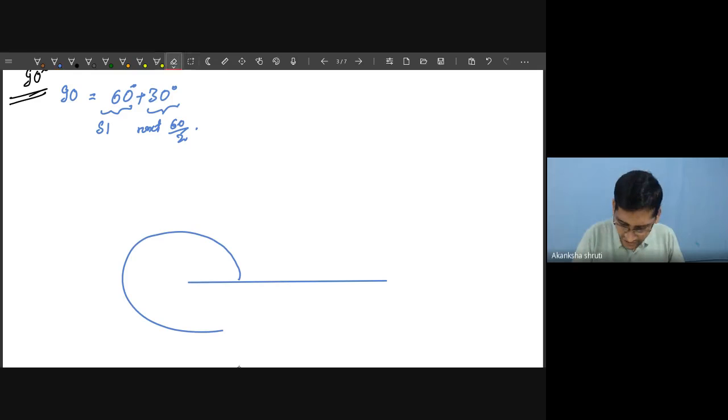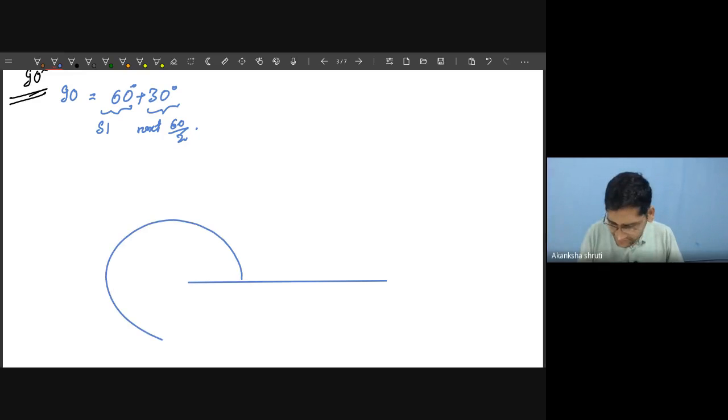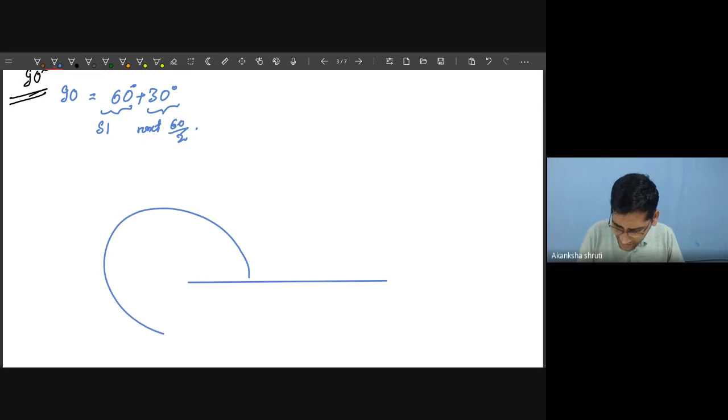Sorry, it is quite difficult to draw by hand. Let us consider this is that circle, though it does not appear like that. After that, there is no need to even complete the circle.